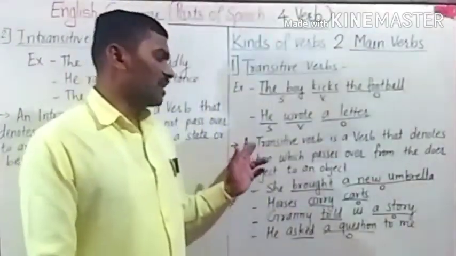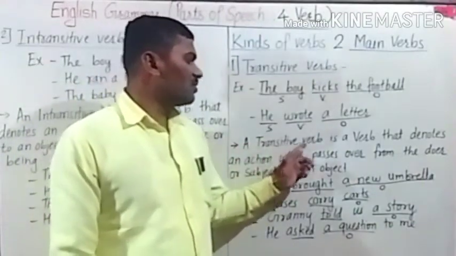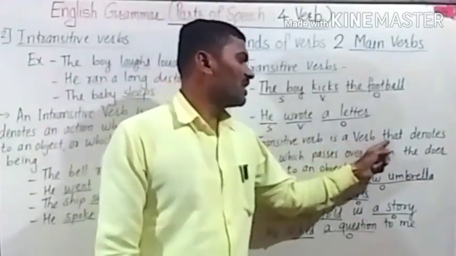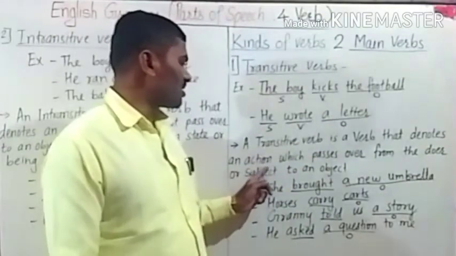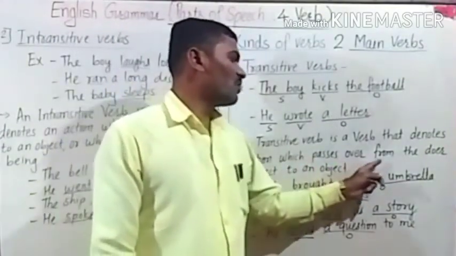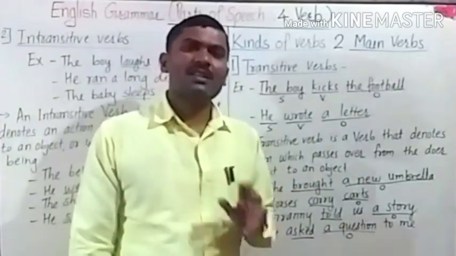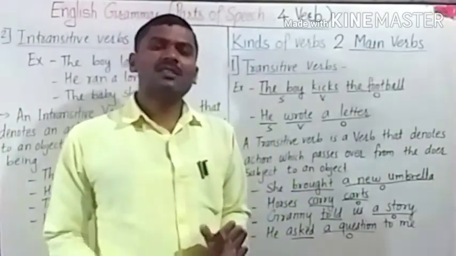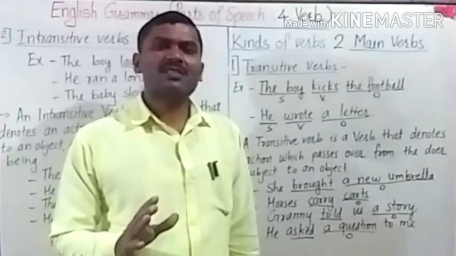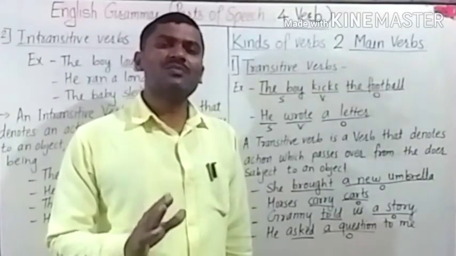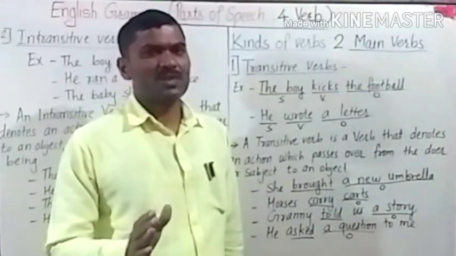Now let's see the definition. A transitive verb is a verb that denotes an action which passes over from the doer or subject to an object. It means a transitive verb shows that the action has passed from the subject to the object.